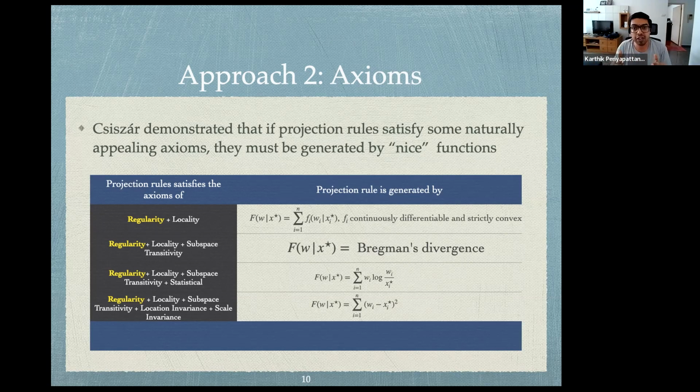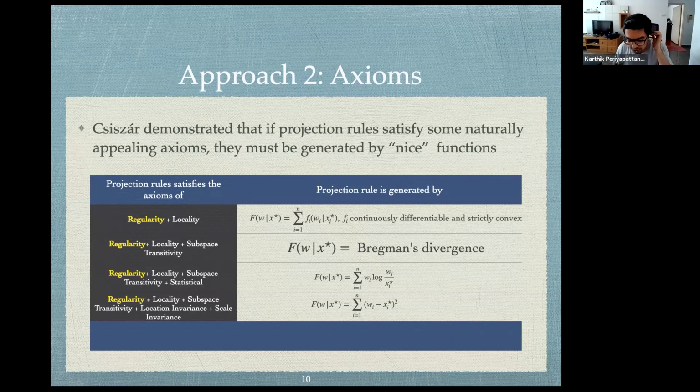Rényi divergence projections have been shown to have very similar properties as KL divergence projections, and they're in fact a parametric generalization of KL divergence projections. So where does Rényi divergence sit here? In other words, if we were to minimize the Rényi divergence in some application, where would the resulting projection rule sit? What properties would that satisfy?